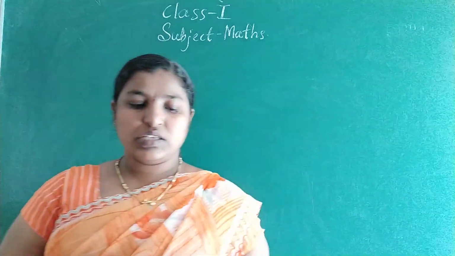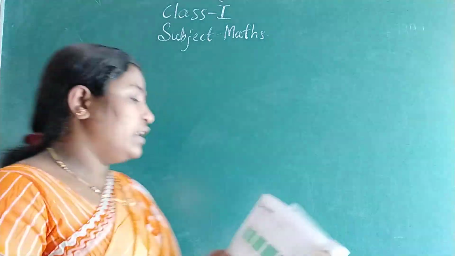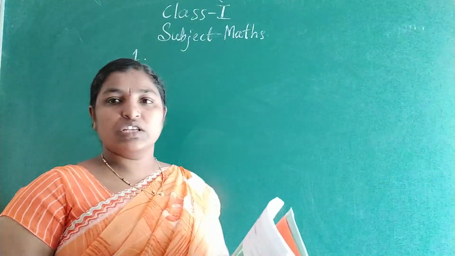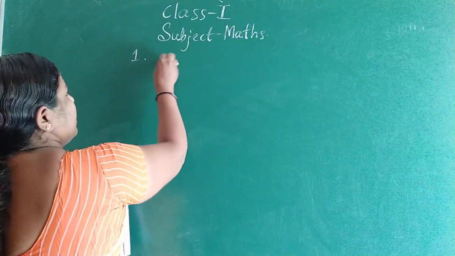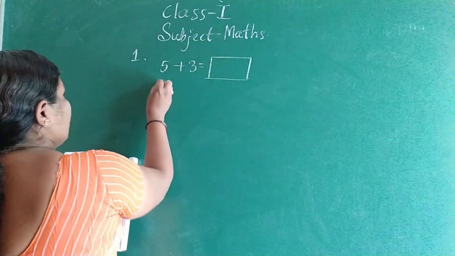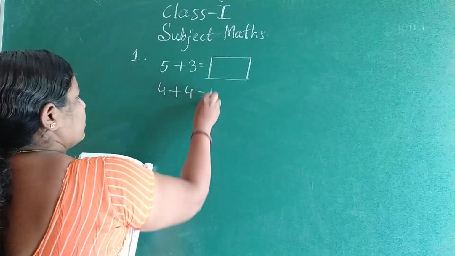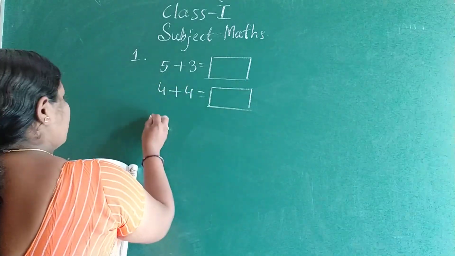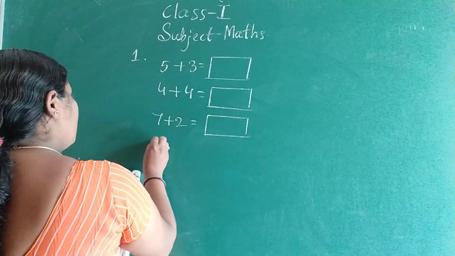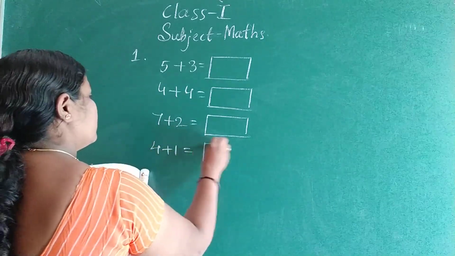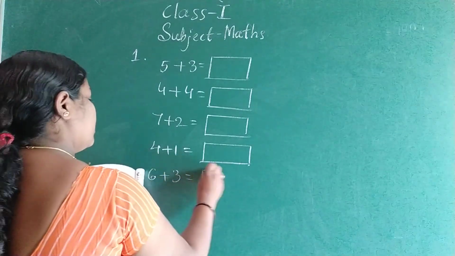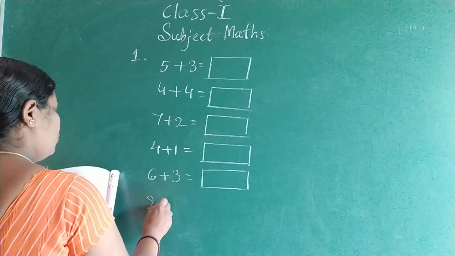Now let us practice page number 200. Let's start. First one. Add the following, horizontal addition. 5 plus 3 is equal to, 4 plus 4 is equal to, 7 plus 2 is equal to, 4 plus 1, 6 plus 3, 2 plus 2.